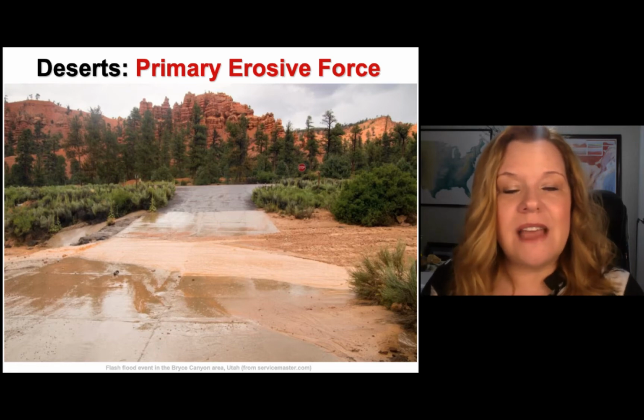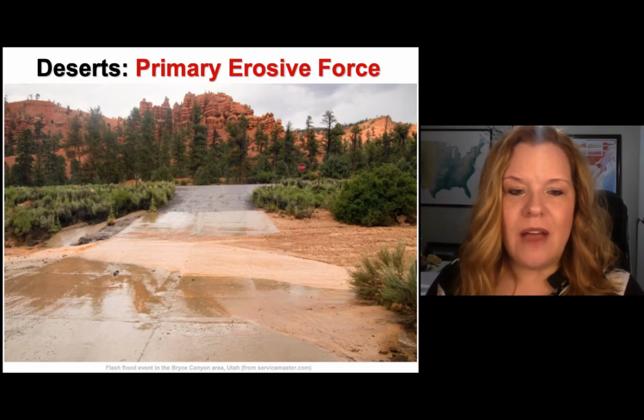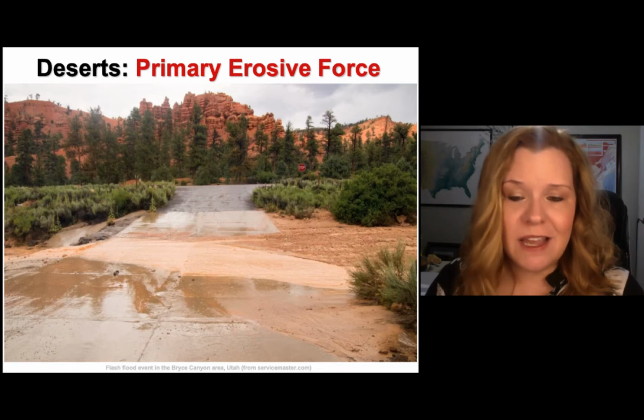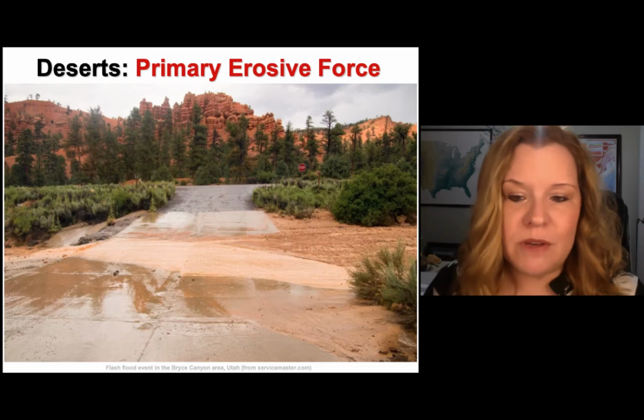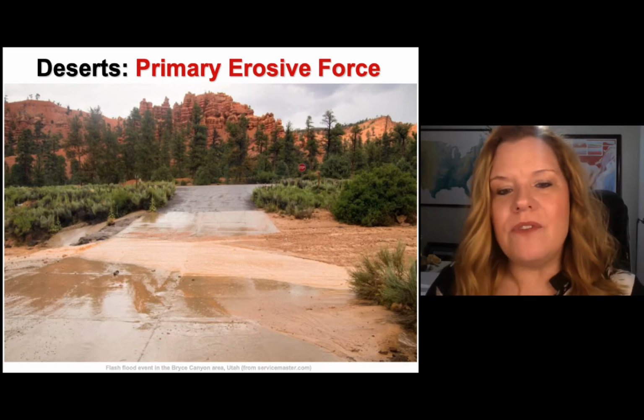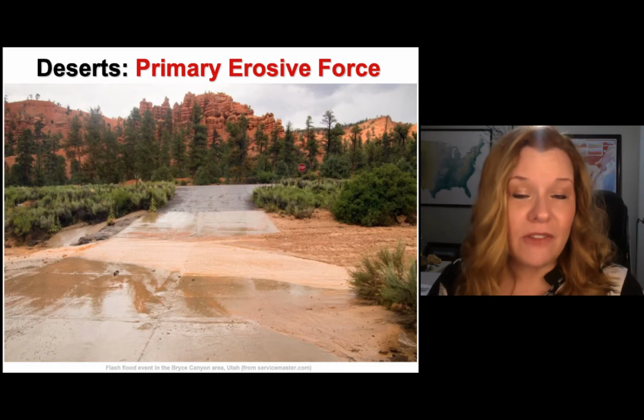This is actually in Bryce Canyon National Park, and can you see how a low water crossing was flooded out? And this is after the water went down. You can see the mud, and if you were to try to cross one of these things, it could be your last crossing.